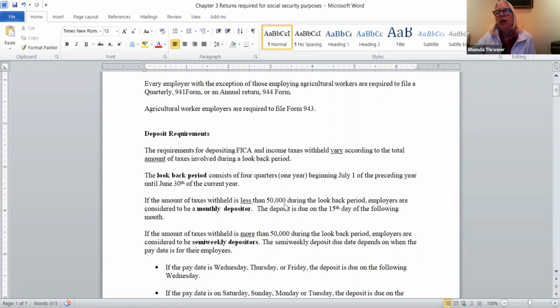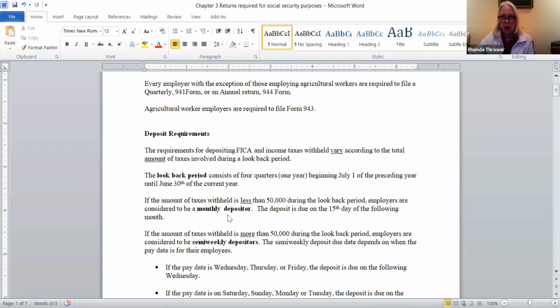If it's $50,000 or less, we will be considered a monthly depositor. If we're a monthly depositor, the deposit of the taxes is due on the 15th day of the following month.